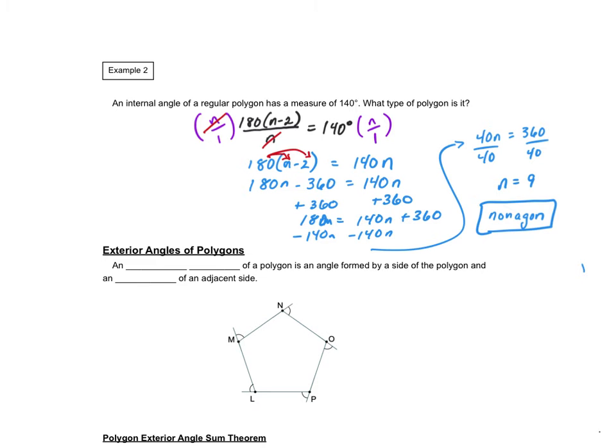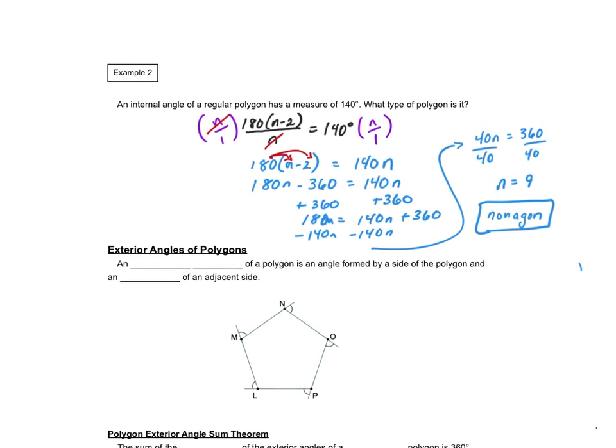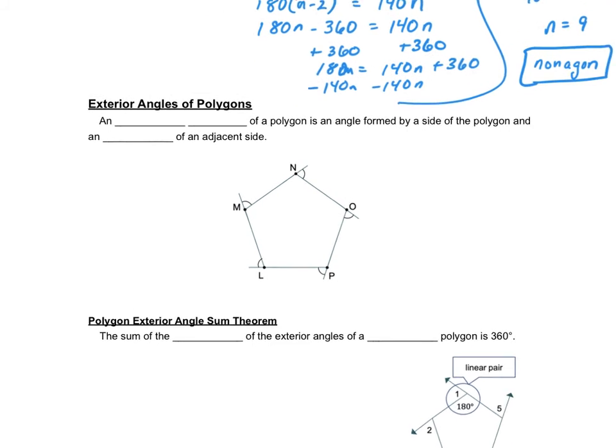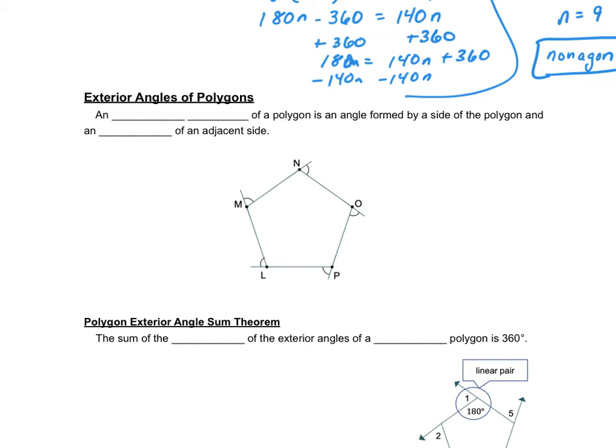Continuing on, as we talk about the external angles now of a polygon, we find out that an external angle of a polygon is an angle formed by a side of a polygon and an extension of the adjacent side.